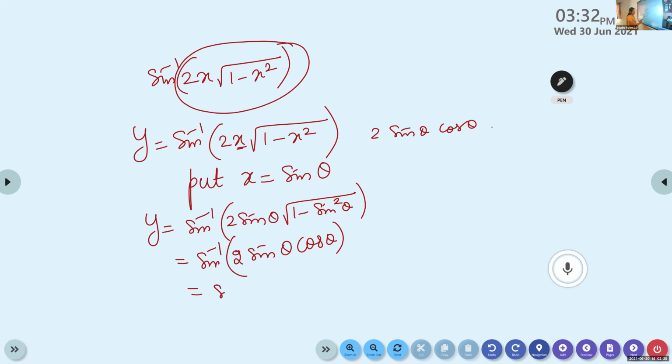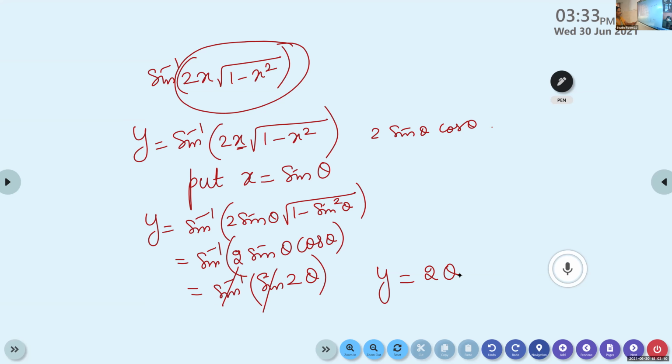That is sine inverse of, what is 2 sine theta cos theta? It is sine 2 theta. So now look at here, sine inverse and sine will get cancelled. So we get y is equal to 2 theta.